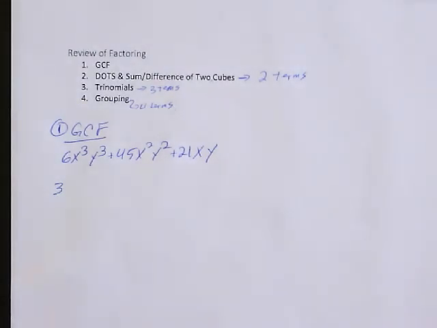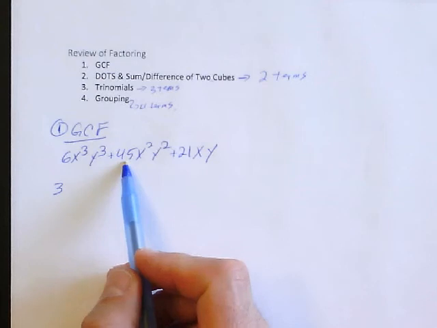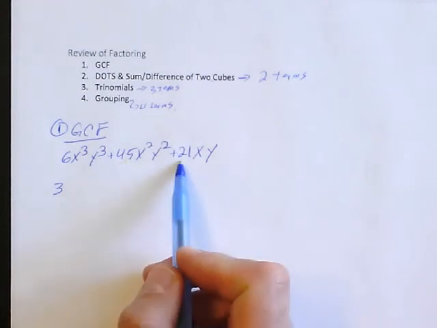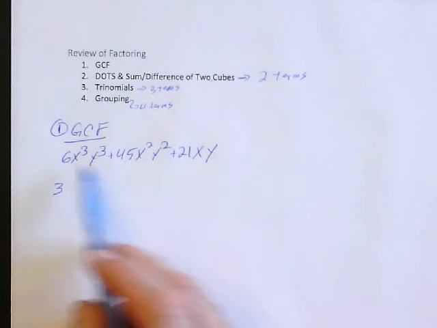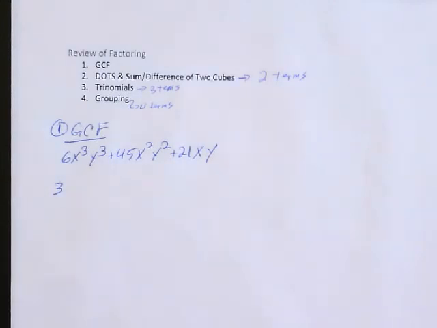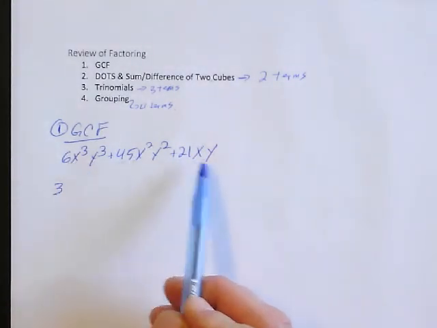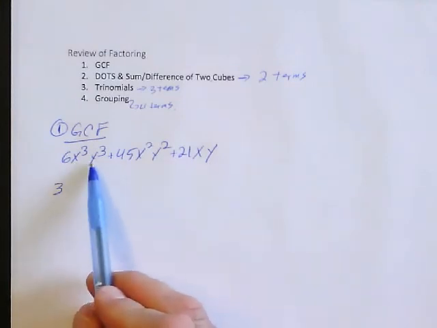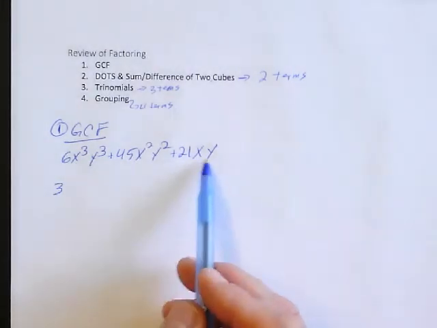So if you look at 6, 45, and 21, the only number that jumps out at me is 3. All right? Because 3 times 2 is 6, 3 times 15 is 45, 3 times 7 is 21. So 3 comes out of all 3 of those. And then since 2 and 7 are prime numbers, I know there's nothing bigger that can come out.